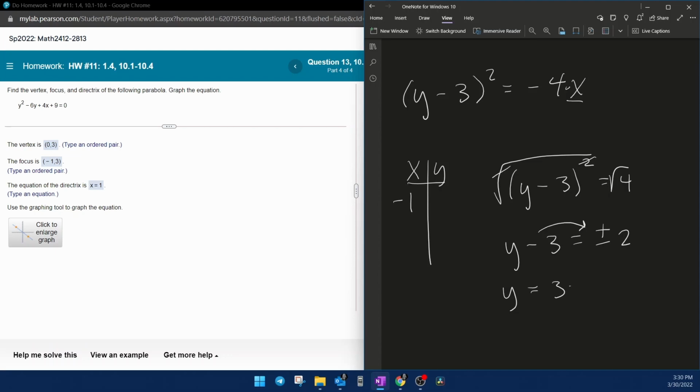So we would have y equals 3 plus 2 and y equals 3 minus 2. And so those ordered pairs, remember that's when x is negative 1, would be negative 1 comma 5 and negative 1 comma 1. And I don't really need both of those, but I went ahead and wrote both of those because I had them. Okay, now to the graph.